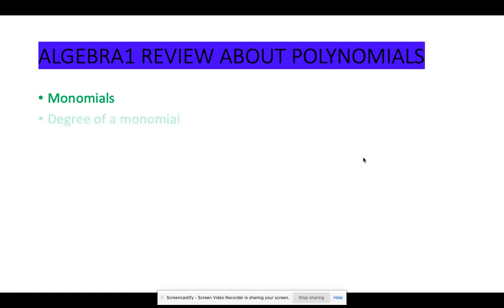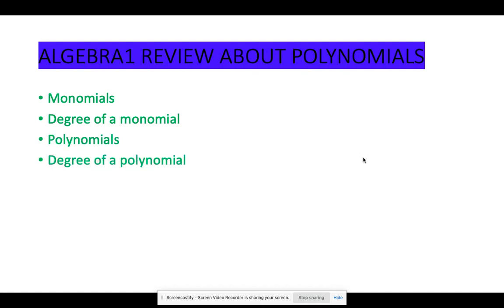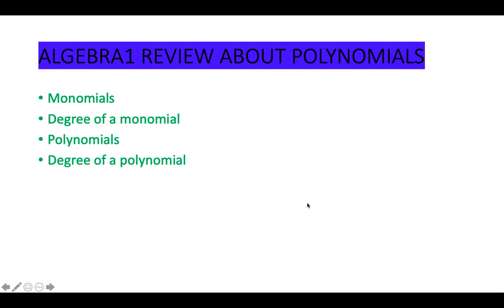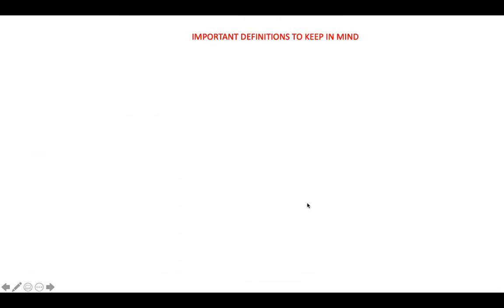We'll be reviewing what monomials are, what the degree of a monomial is, what a polynomial is, and what the degree of a polynomial is. So let's start with monomial. A monomial is a real number, so it could be 2, 3, 4, 5.